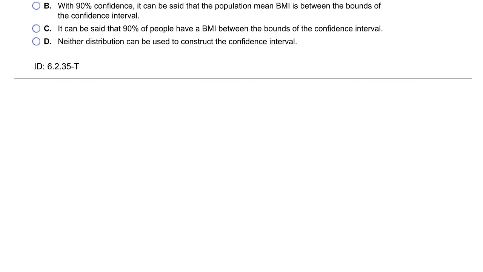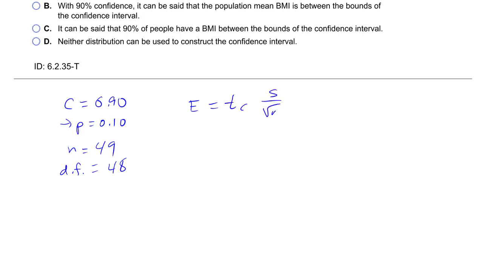Okay, they wanted a confidence level of 0.90, which means the probability is going to be 0.10. Okay, we did have n of 49, meaning that the degrees of freedom would be 48. So if I go and calculate E as t_c s over the square root of n, remember because we're using the t-distribution, if you look up the critical value of t, I'm going to skip that part and tell you it's 1.677.